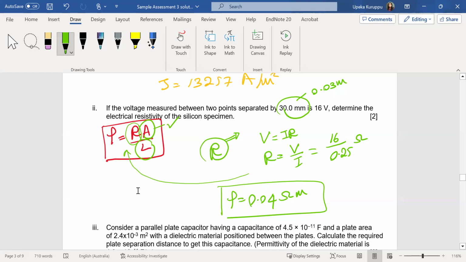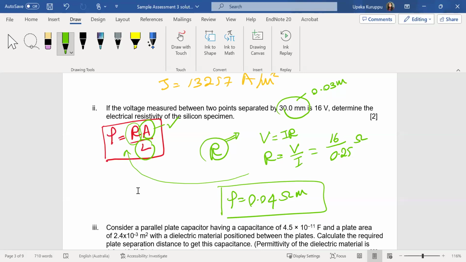Yeah. Why 1.003? It's 30 millimeters. Otherwise, you are right.